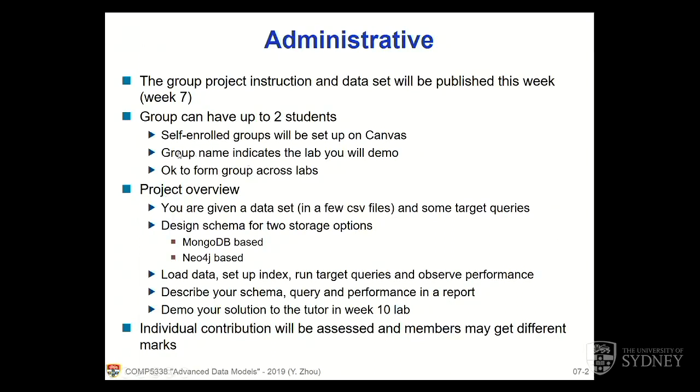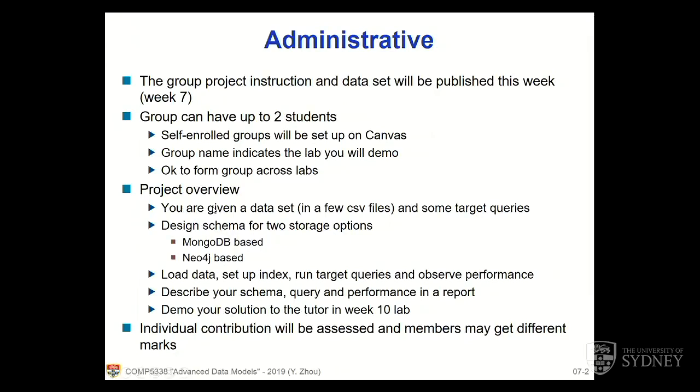Usually the group name will indicate the lab you will demo. So we will have like SIT114 group 1, SIT115 group something. Usually of course you have to do your demo in your lab, but if you form a group across the labs, you can decide which lab you want to go for the demo, indicated by the group names.